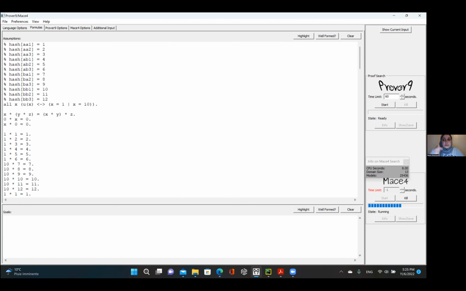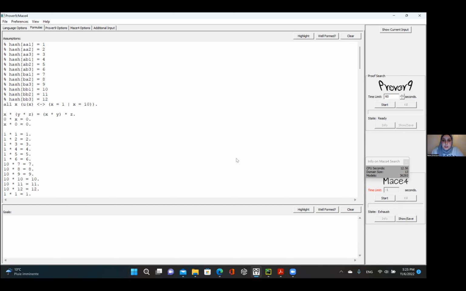Sometimes it takes a lot of time, here not so much, maybe 28 or 30 seconds. Sometimes it's easy for Maze4 to count all the possibilities, but now we want the models up to isomorphism, so it's hard for it to do that.